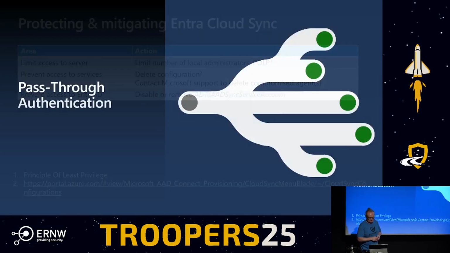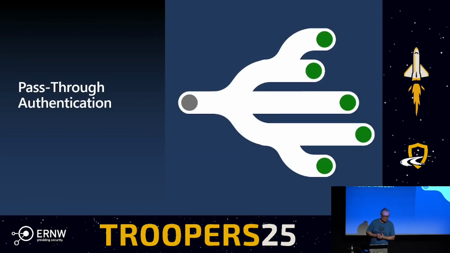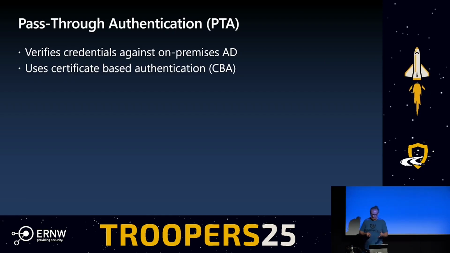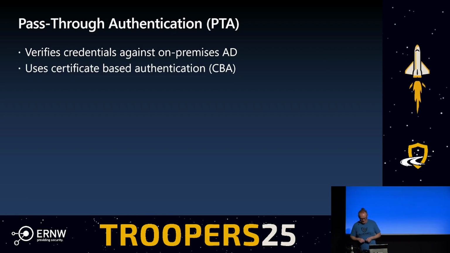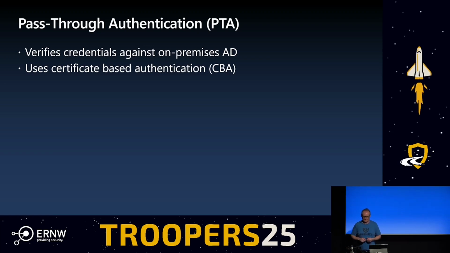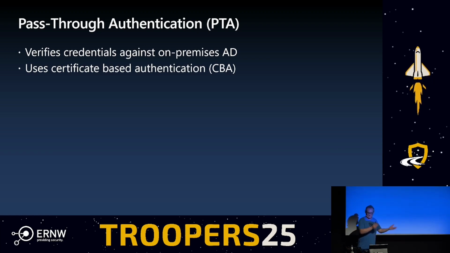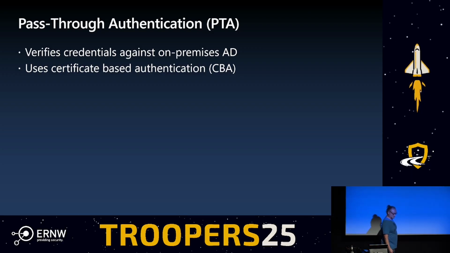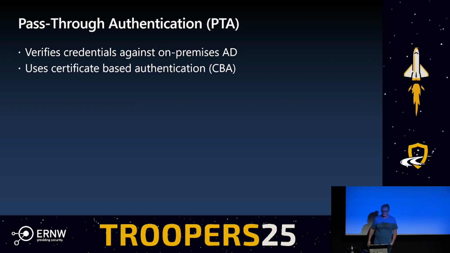Okay, let's then move to password authentication, which I actually wrote my master's thesis about 2 years ago. So I kind of love this thing. But anyways, technically this is the same as the Entra ID Cloud Sync, so it's using the same technology.